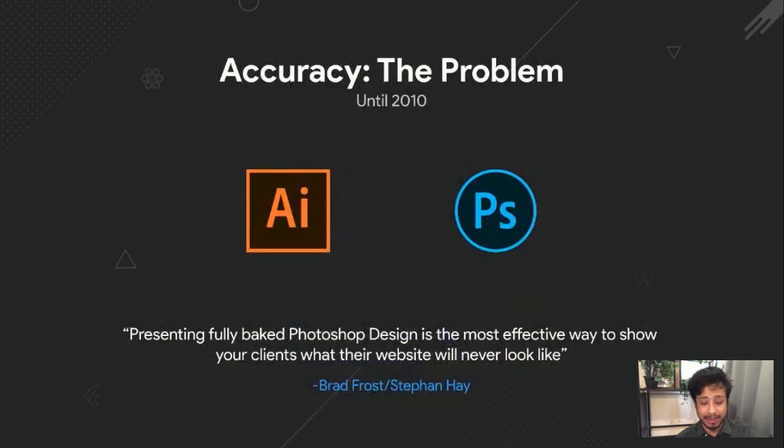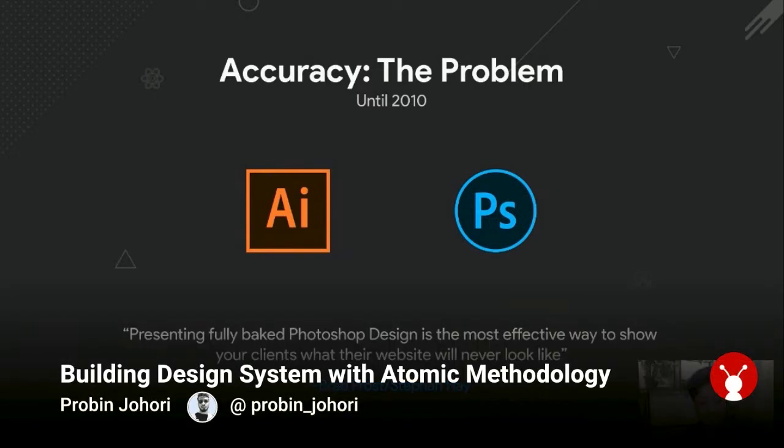As time passed, when the whole industry realized that they needed designers, we were brought design tools, which were Photoshop and Illustrator. But the problem with these tools was accuracy, because they were primarily made only for editing photos or making illustrations.